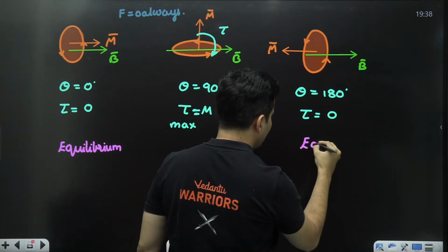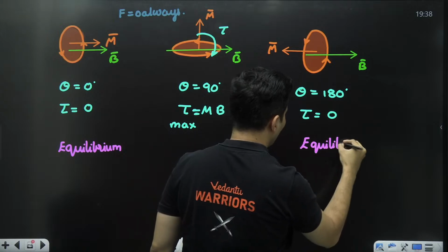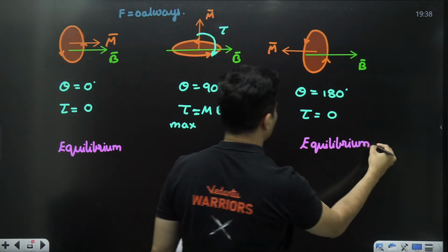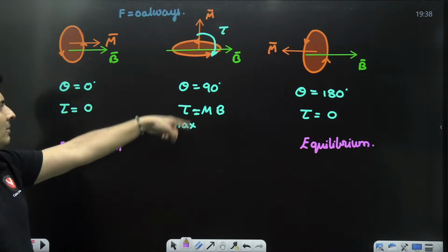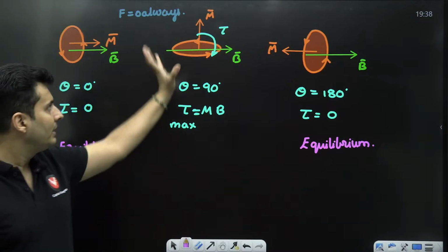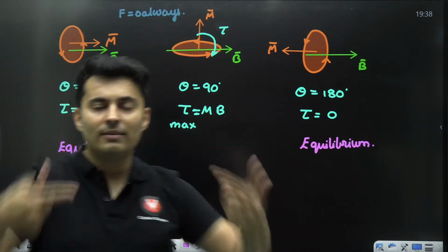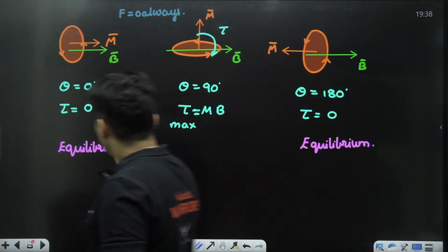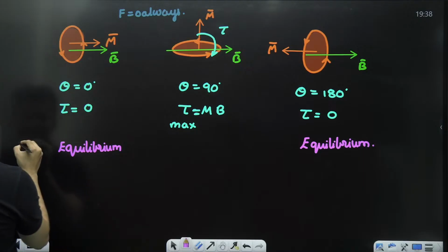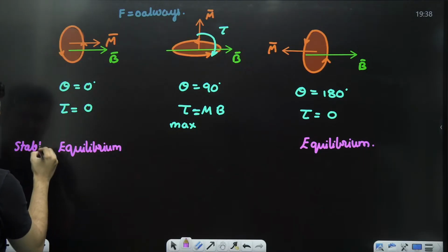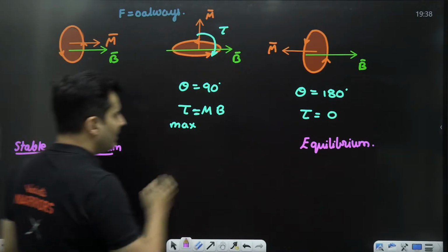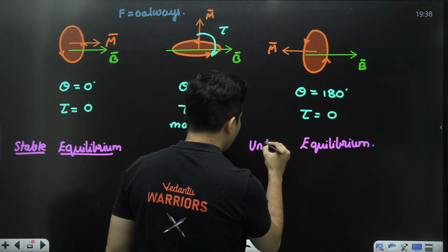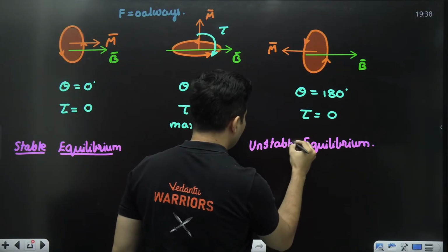Even this is the condition for equilibrium. This is also in equilibrium. This is not, because torque is there, it will definitely rotate. The coil will spin for sure. Got it? But you know, this equilibrium is actually stable equilibrium. Whereas this equilibrium is actually unstable equilibrium.